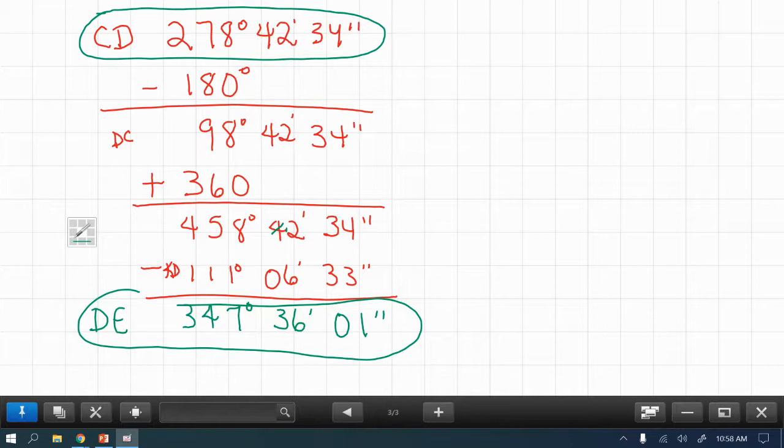347 degrees, 36 minutes, 01 seconds. Go ahead and write it in your chart. So now I need to subtract 180 from that. So I'm going to go ahead and come up to the top.